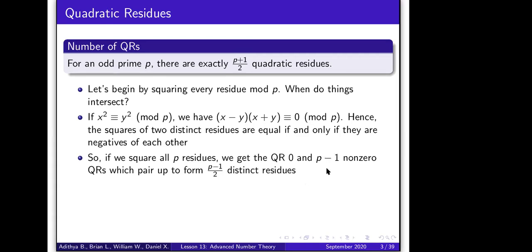So though we get p minus 1 non-zero quadratic residues from squaring them all, they pair with each other to form only (p-1)/2 distinct residues. Adding 0, this makes exactly (p+1)/2 quadratic residues. Does this proof make sense?